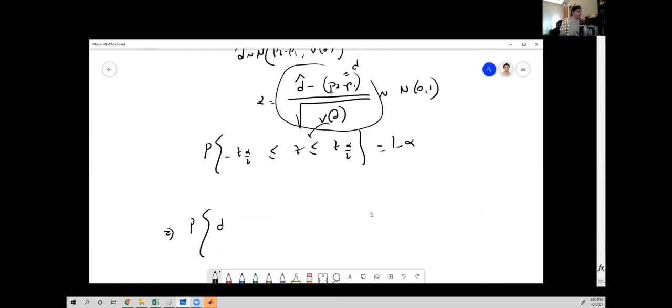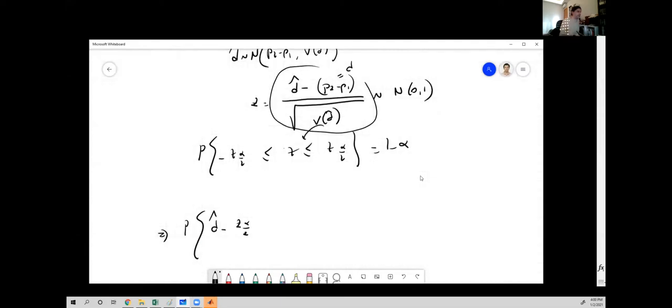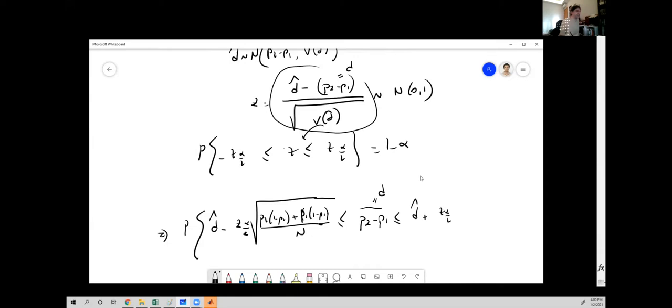So the left-hand side is going to be D hat minus Z alpha over 2 times the whole variance thing, the square root of P2(1 minus P2) plus P1(1 minus P1), divided by N, which is less than P2 minus P1, the quantity I would like to determine, which is less than D hat plus Z alpha over 2 times the same expression, with probability 1 minus alpha.